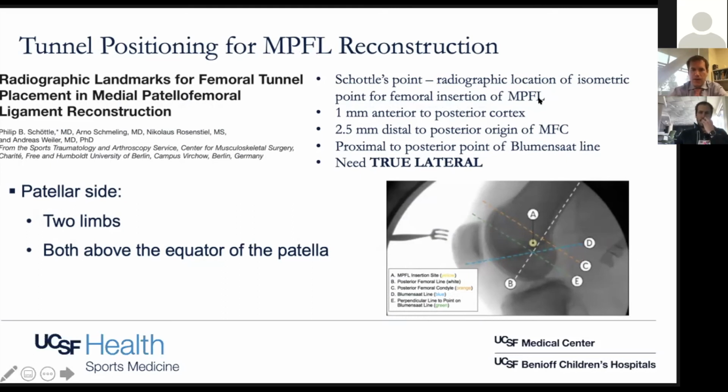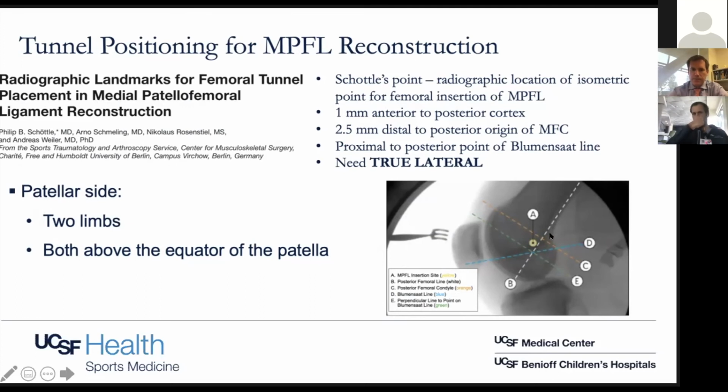And then on the femoral side, are you guys familiar with Schottle's point? So that is the radiographic location of an isometric point for the femoral insertion of the MPFL. And it's here at A, but just anterior to the posterior cortical line of the femur.